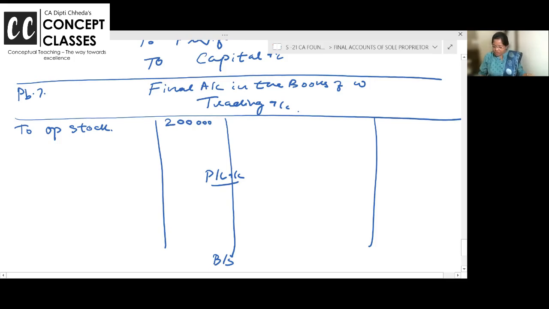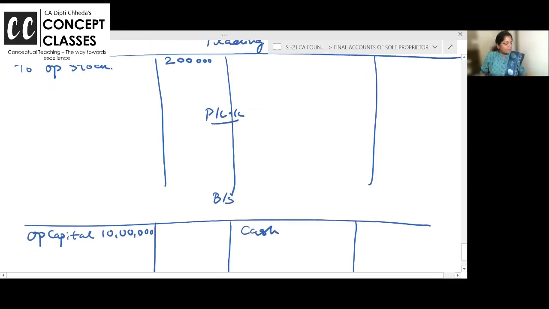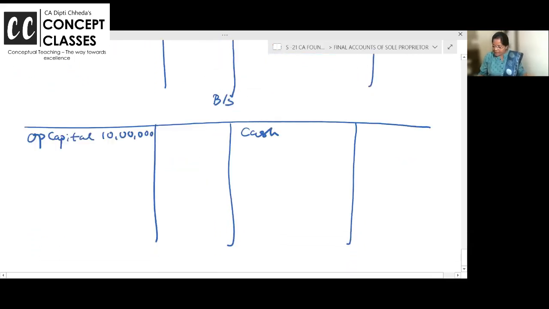Now cash in hand is 1,44,000. Machinery is 7,36,000.